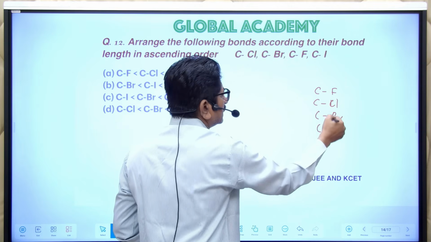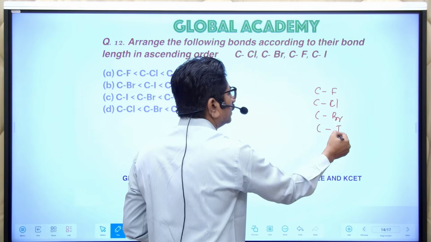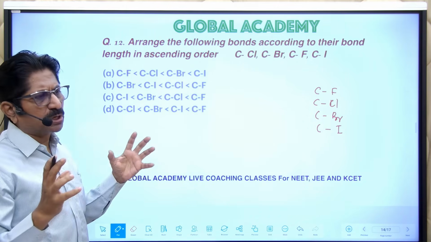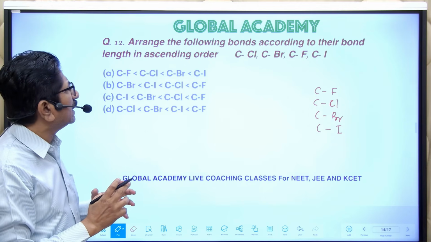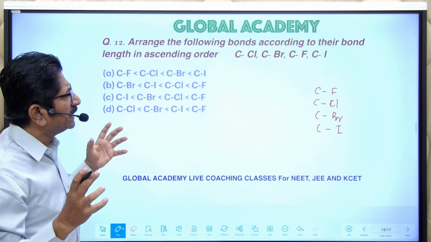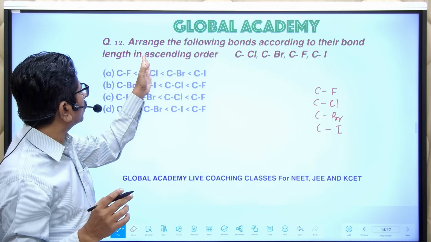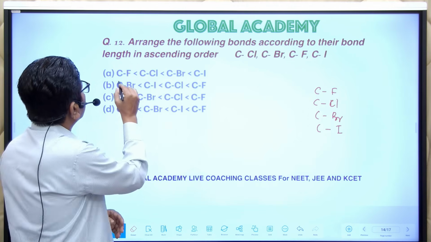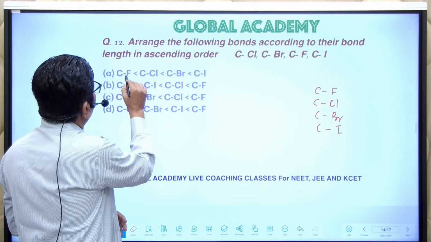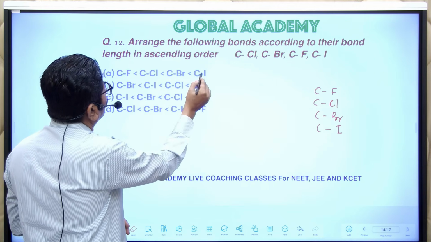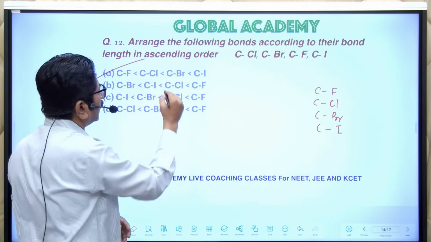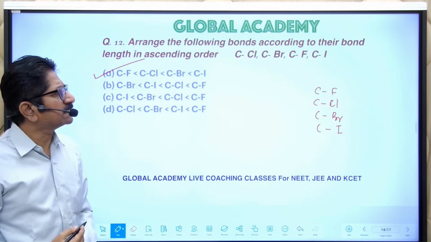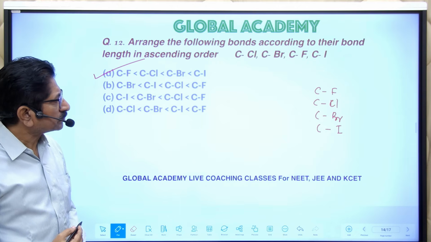As the size increases from fluorine to iodine, the bond length also goes on increasing. In ascending order, it is carbon fluoride, chloride, bromide, iodide. So option A is the right option for this question.